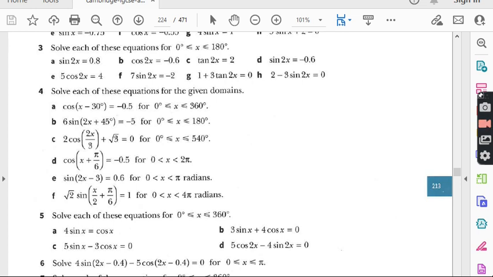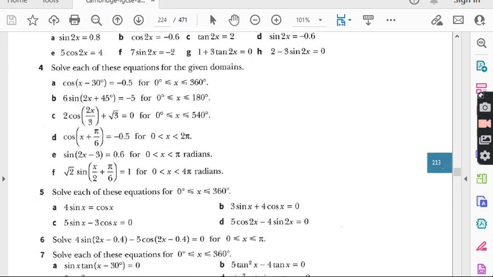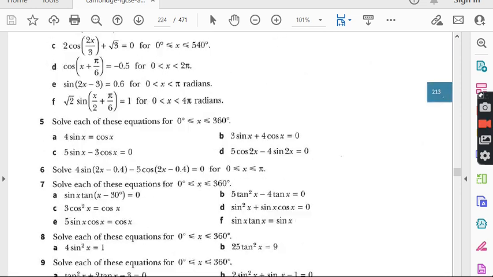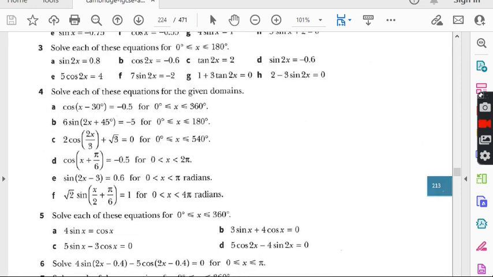I promise you, don't worry. I will try to complete the whole of question 4 in a single lecture, the next lecture, and the whole exercise within 2 to 3 lectures. So this is what we have done today.